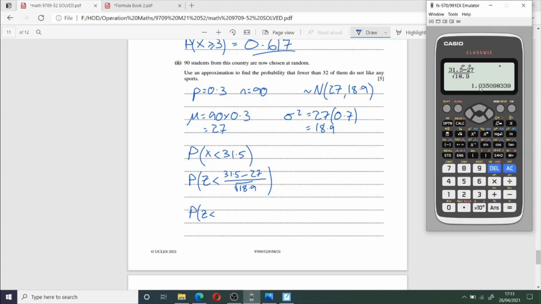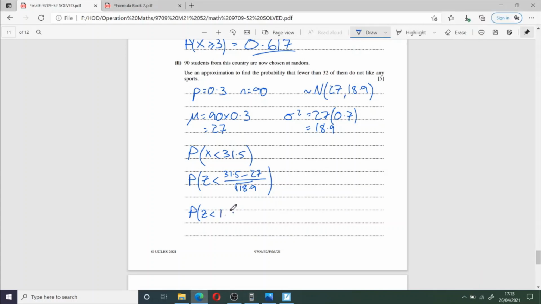So 1.035. If we were to draw a little diagram of that, it looks something like this. Here's our 1.035, and we are looking for this area on the left hand side.